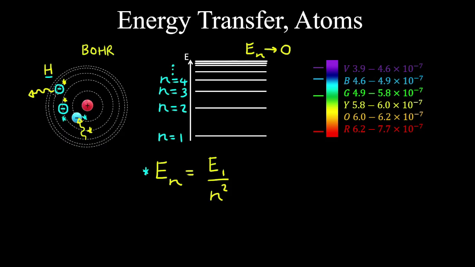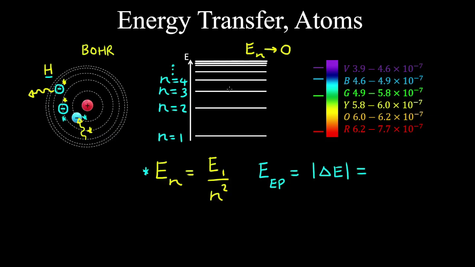Now consider the case where the excited electron drops to a lower energy level, so therefore it emits a photon, and therefore the energy of the emitted photon is equal to the change in energy between the two states.